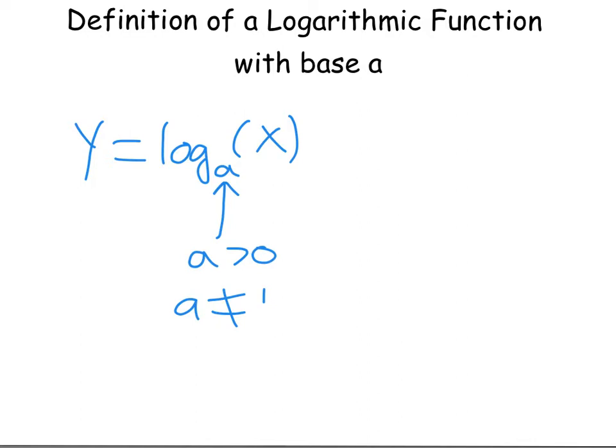If you're ever making a base 1 on an exponential or a logarithmic function, it becomes linear, and it really doesn't model the rates of change between those two variables the way you want. Right here, x. You'll see this come up a little bit too. Needs to be greater than 0. Negative numbers there don't work. They have a restricted domain.